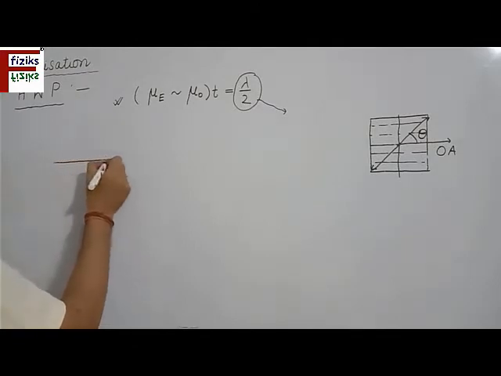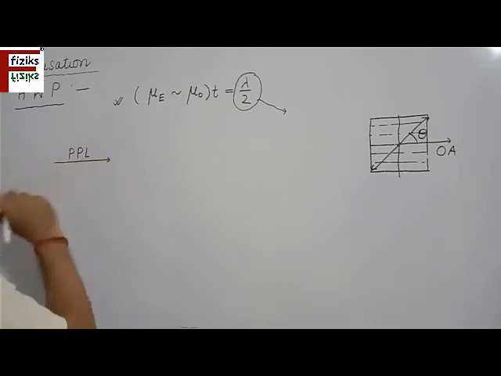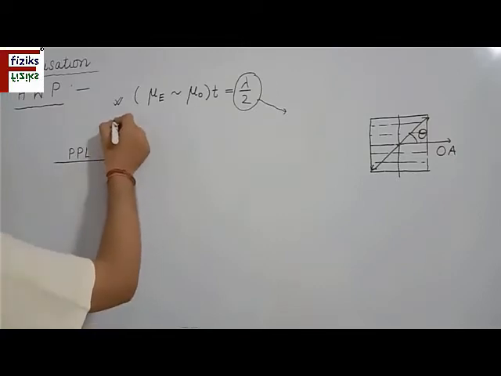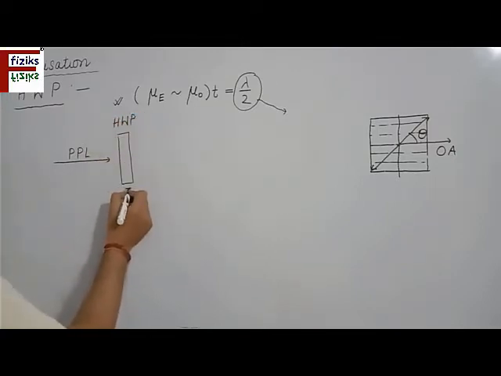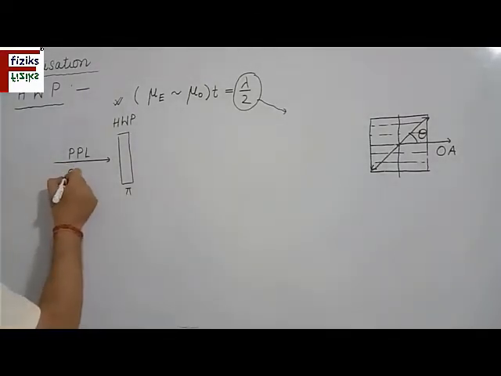Suppose a PPL, plane polarized light, is incident on this half wave plate, which is introducing a phase of pi. Suppose the PPL is of case 1, so I am assuming delta is 0.